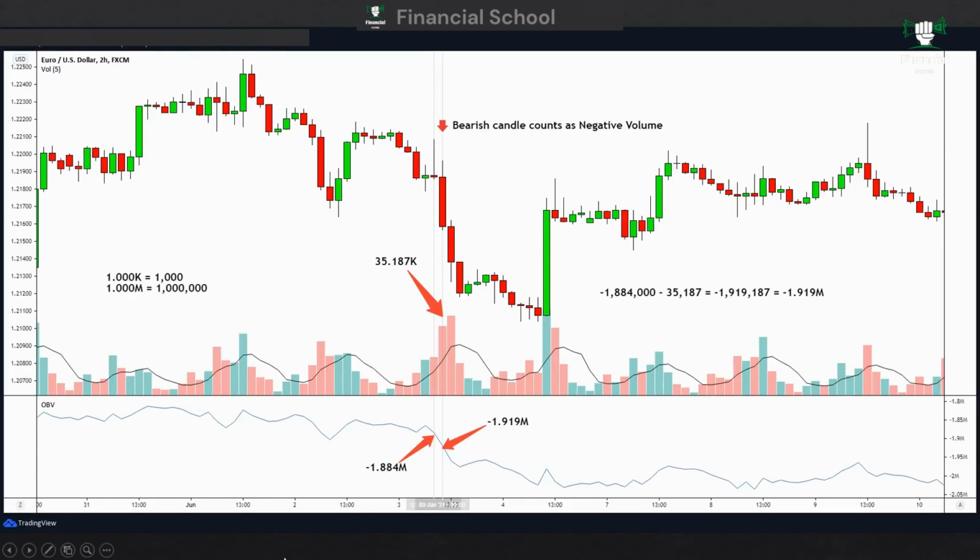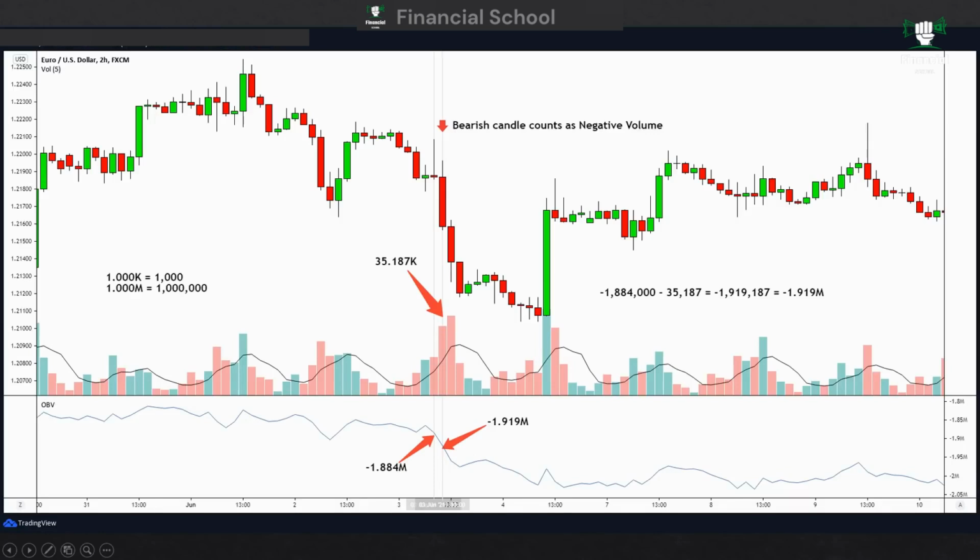This value will be subtracted from the OBV value since it's a bearish volume. The resulting OBV value will be minus 1,884,000 minus 35,187, which equals the next OBV value of minus 1,919,000. Even though volume increases in the second period, the OBV value went down because bearish volume is subtracted from the indicator value.